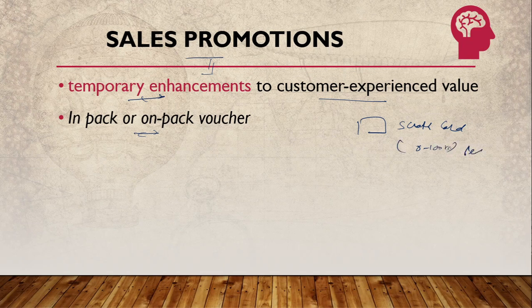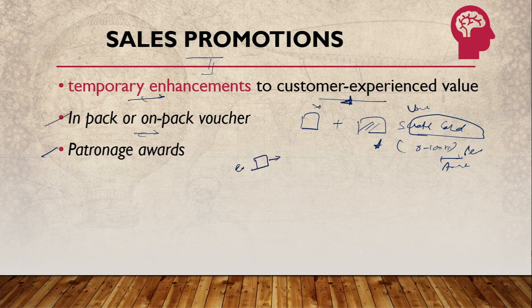When you scratch this card, you will get some amount. These scratch cards are given when you purchase a specific product. So it's an in-pack or on-pack voucher kind of thing. You are giving a voucher or scratch card that, if the customer uses it, adds to the customer experience.